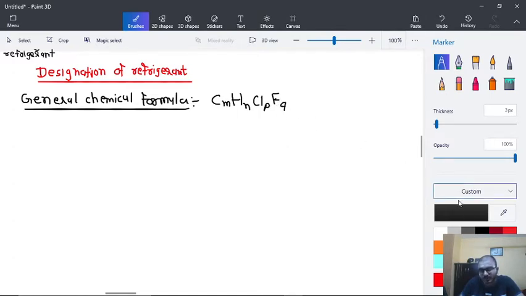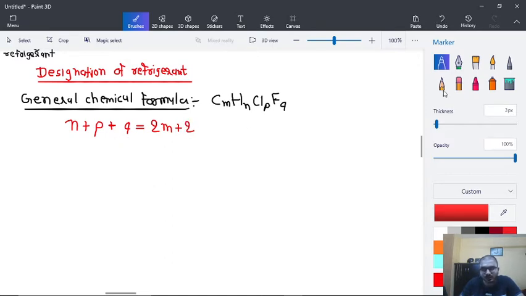In this case, one important thing that we need to remember is N plus P plus Q is equal to 2M plus 2.